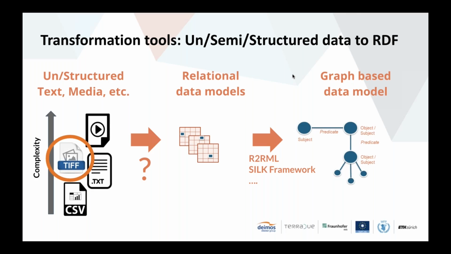Okay, so the question was before, right? How can we bring different kinds of data together, even if we have these models? So assuming we have these models, there's ways how to do it.